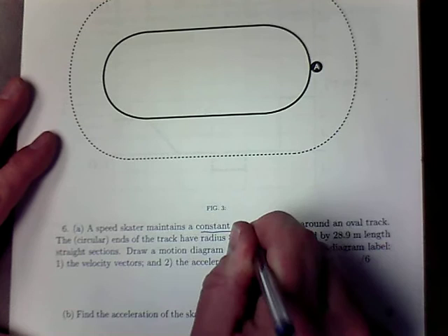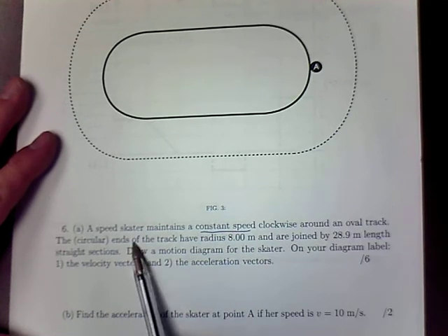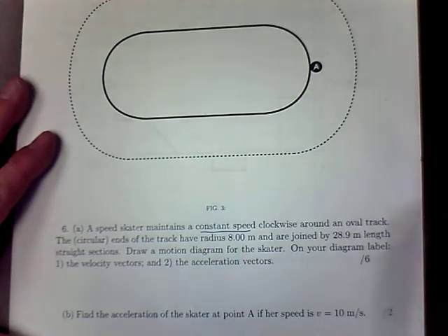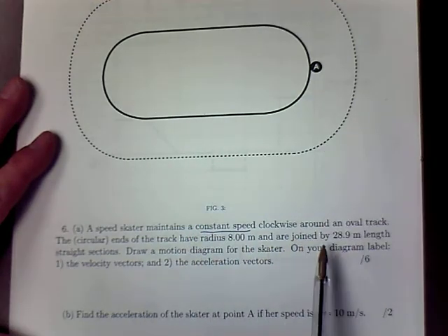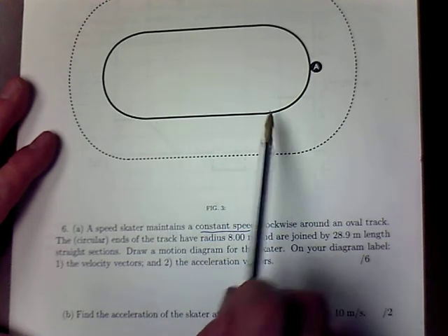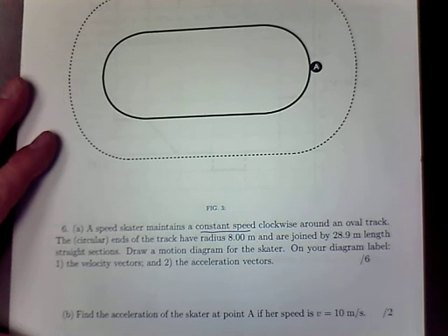So let's highlight that. The circular ends of the track have a radius of 8 meters. So they go in toward the circle and are joined by a length of straight sections. Draw a motion diagram for the skater. On your diagram, label the velocity vectors and the acceleration vectors.